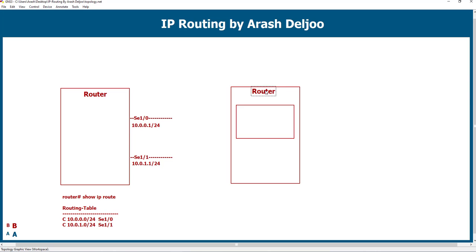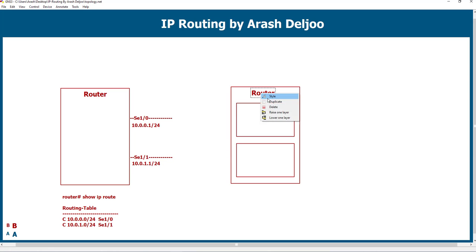In this router, we can configure smaller routers, router 1 and router 2. Now we can call these routers VRFs, meaning virtual routing and forwarding. This is the first, VRF A or VRF 1.